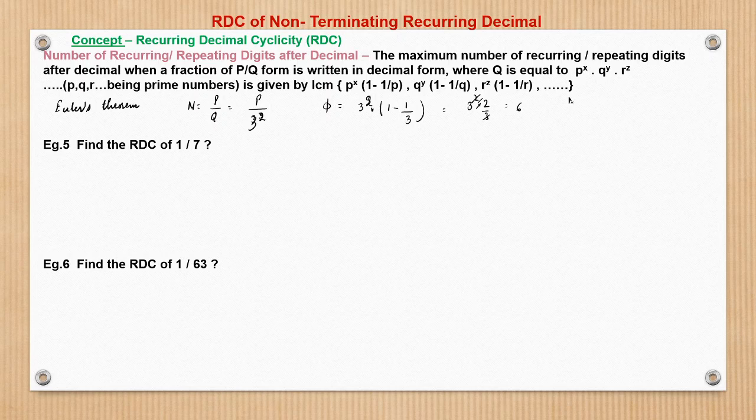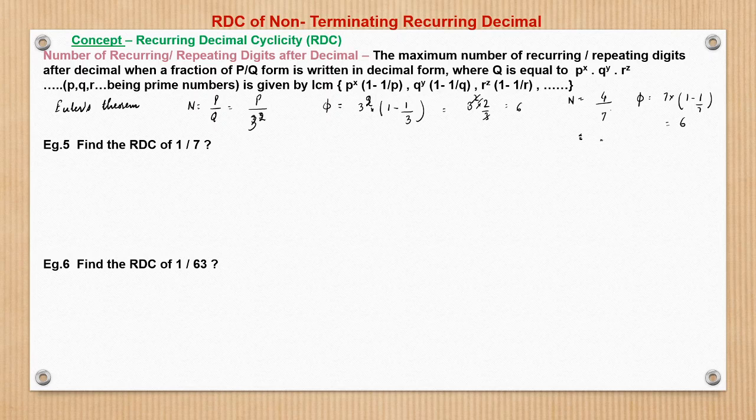Suppose the number was, say, 4 upon 7 raised to power 1, that is, only 7. Here the cyclicity would be given by the denominator 7 into 1 minus 1 by 7, so it again becomes 6. Let us see what 4 by 7 is. Since calculators are now permitted in CAT, we can make use of some basic calculation using calculators.